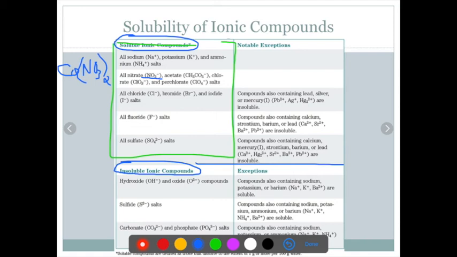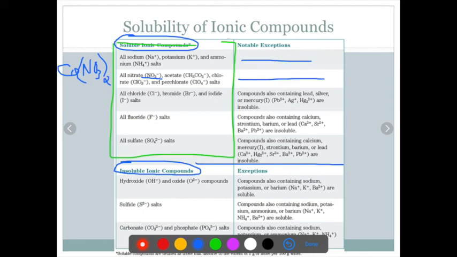That's all I have to do. I look at my compound, I look at what the ions are listed in this table, and it's on the soluble side, so this whole compound is soluble. There are no exceptions to nitrate, acetate, chlorate, perchlorate, or up here, sodium, potassium, and ammonium. Those are always soluble.